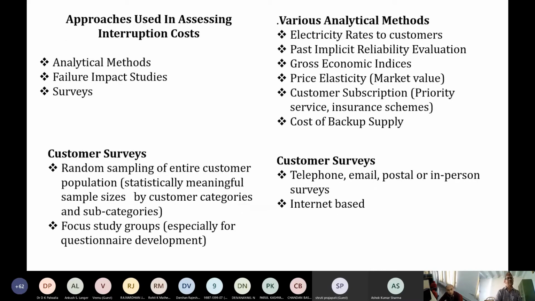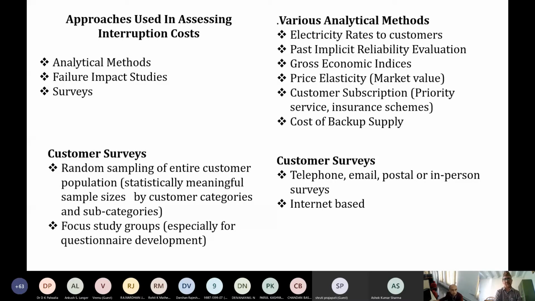Okay, so approaches used in assessing interruption cost: analytical methods, failure impact studies, and customer surveys. So various analytical methods: electricity rates to customers, past implicit reliability evaluation in any other countries or any other jurisdictions which have similarity, gross economic indices.